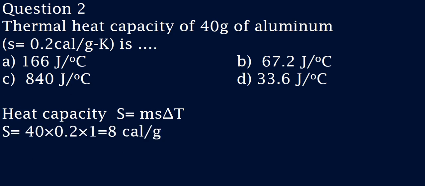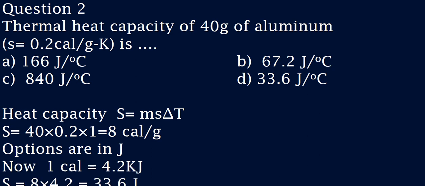Substituting the values and simplifying, we get S is equal to 8 calories per degree. Options are in joules. Now, 1 calorie is equal to 4.2 joules. Therefore, capital S, that is heat capacity, is equal to 8 into 4.2, equal to 33.6 joules per degree centigrade.